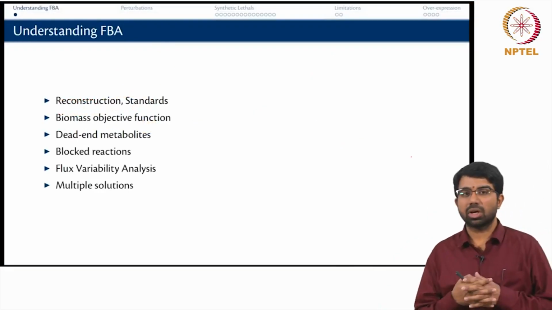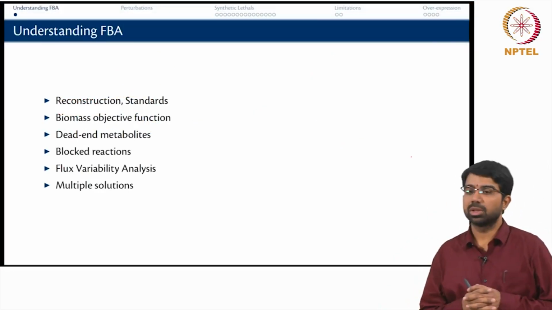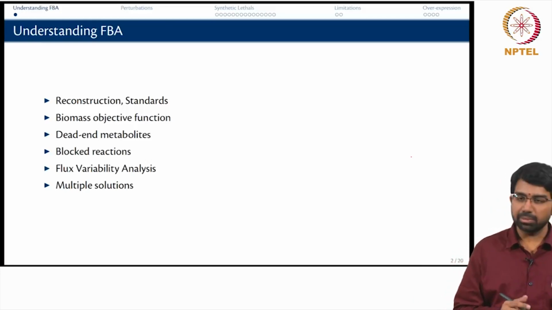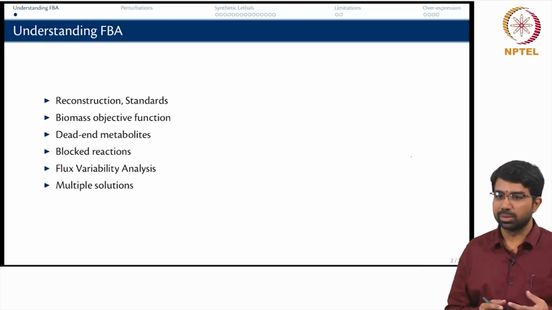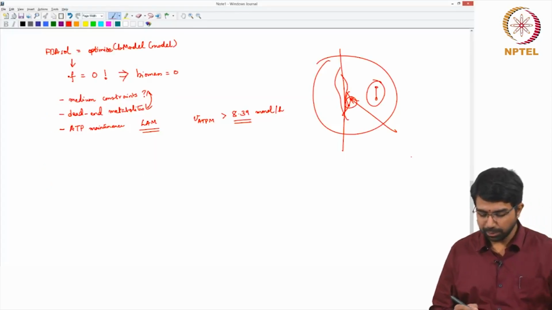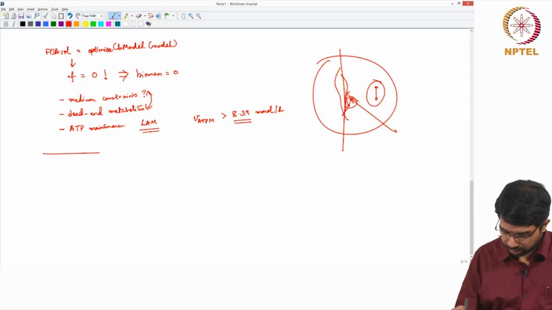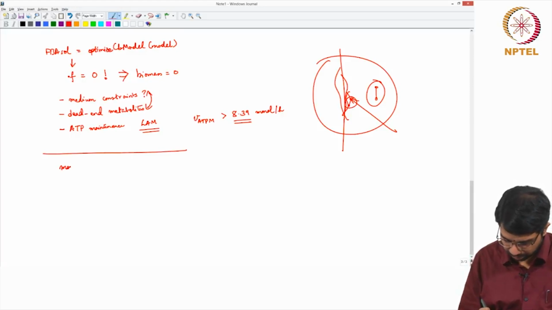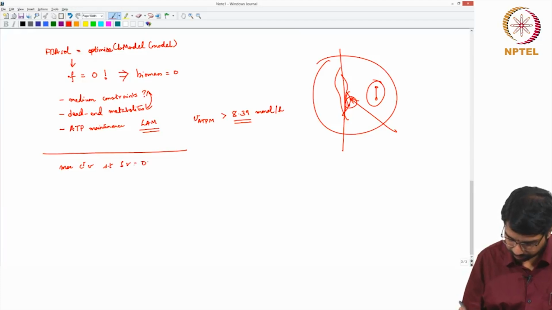And let's again revisit the concept of multiple solutions. We have been belaboring that over the last few classes and the previous lab session. So this is what you are solving. Let us say you got V bio as V bio star.